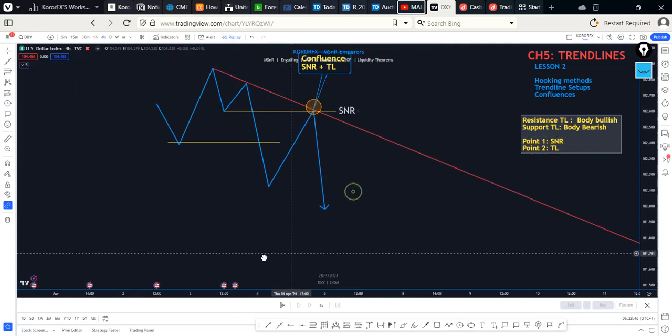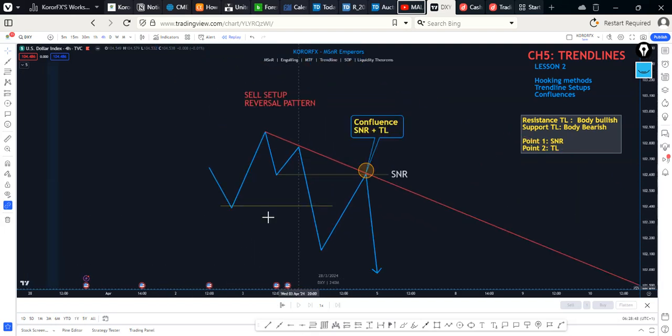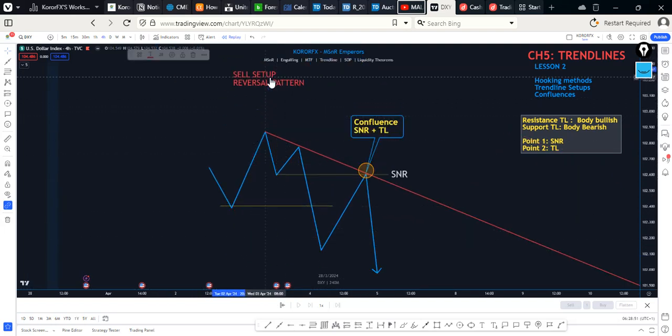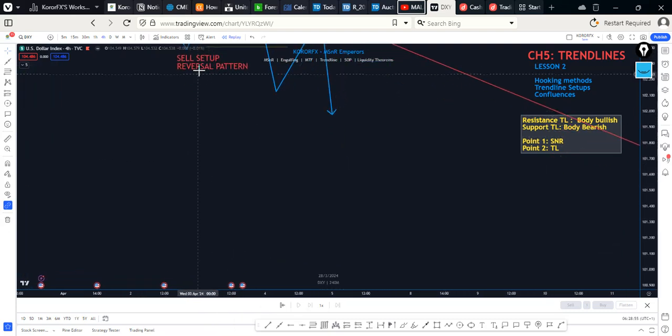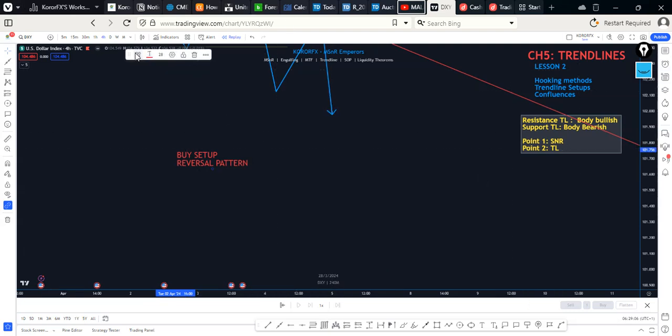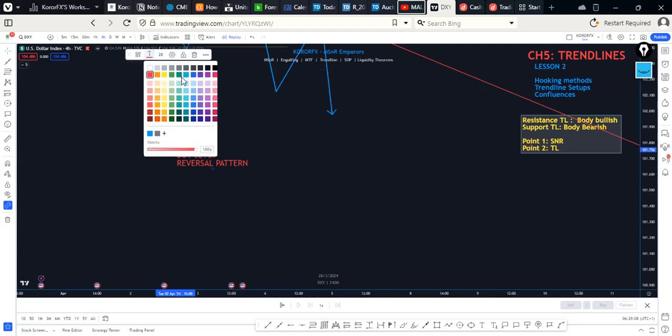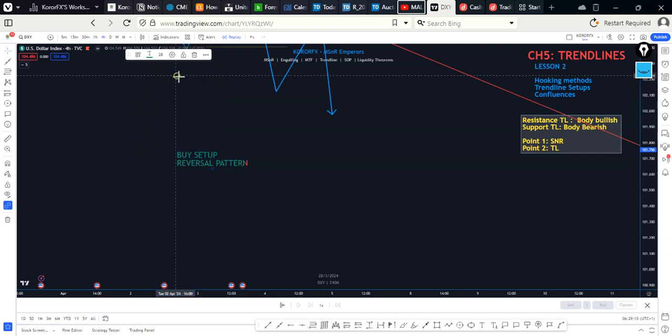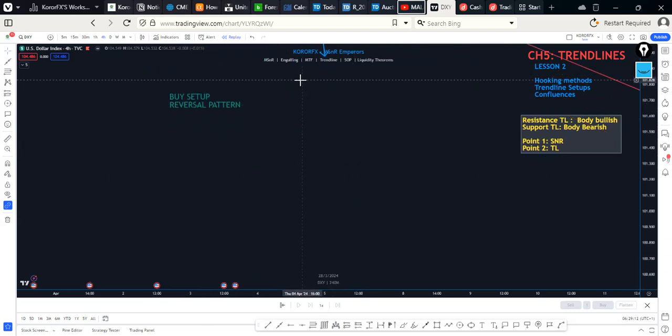For the buying setup, it's the opposite. When it comes to buying with the trend line confluence, it's the vice versa of what I have explained right now. The buy setup seems the same, but it's rotated, against what we have learned now. So the buying setup is like this.